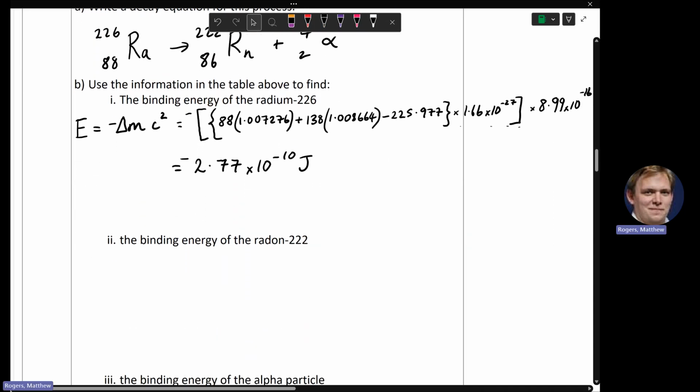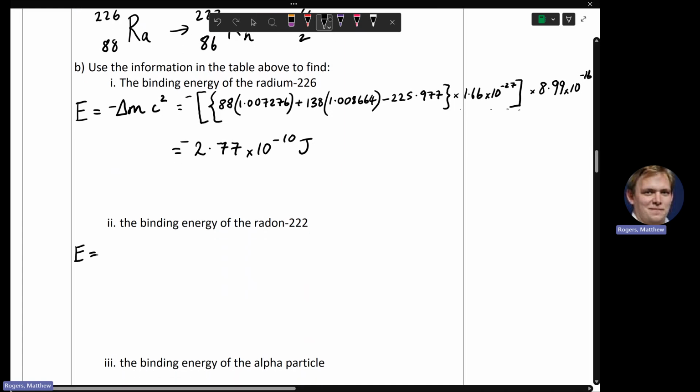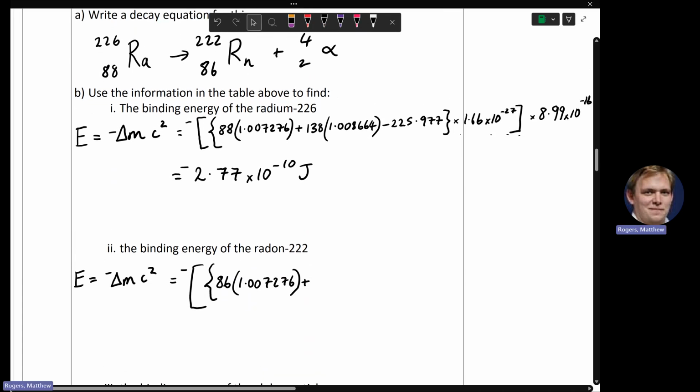Next part, the binding energy of radon-222. Exactly the same idea applies. E is equal to minus delta M C squared. So this is minus square brackets in which I'm going to get delta M, curly brackets in which it's going to be in the wrong units. So I've now got 86 protons, 1.007276, plus it'll be 2 less neutrons than last time, 136 lots of 1.008664.